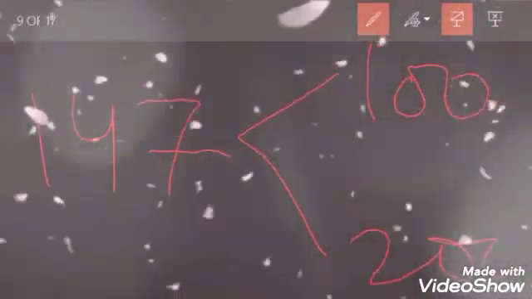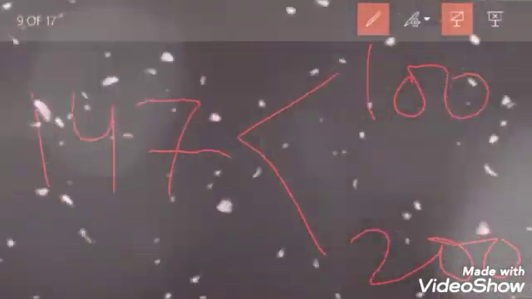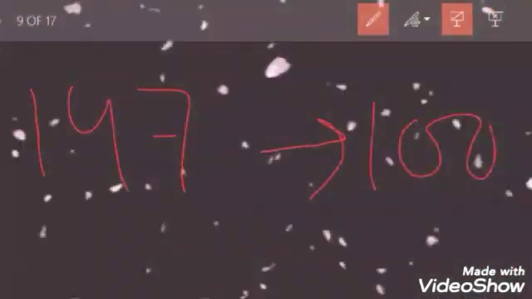It will be 100 or 200. So among 100 and 200, what is the nearest 100 for 147? It is clear that 147 is nearer to 100. So the nearest 100 for 147 will be 100.